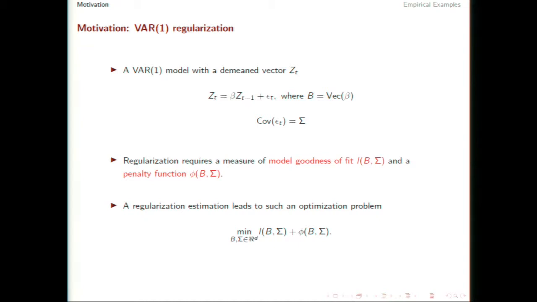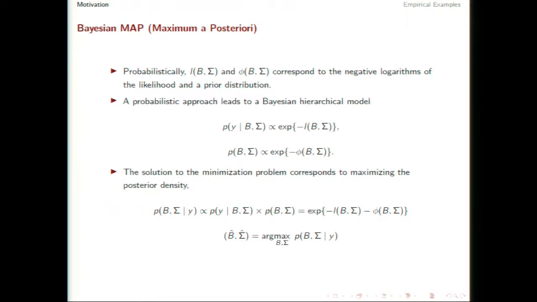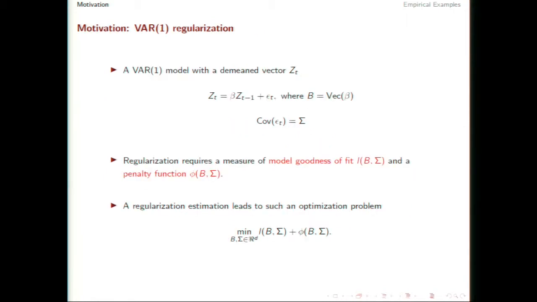The objective for regularization methods is to minimize the penalized least squares or the penalized negative log likelihood. However, here I introduce a MAP estimator from the Bayesian side. A Bayesian would view the function L(B, Sigma) as just the log likelihood, that's for the model.